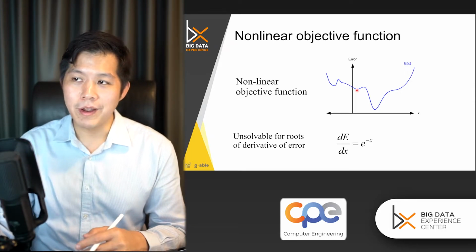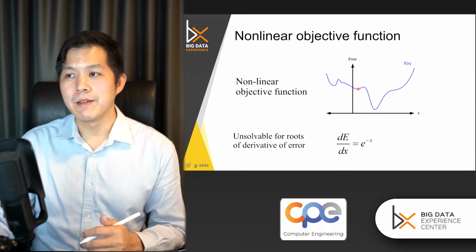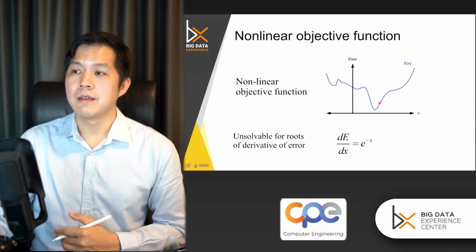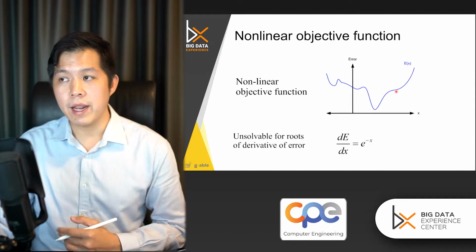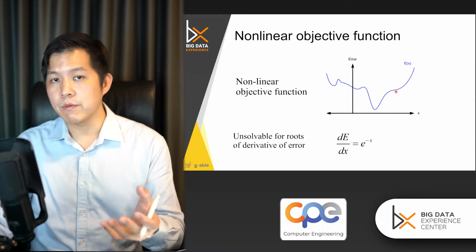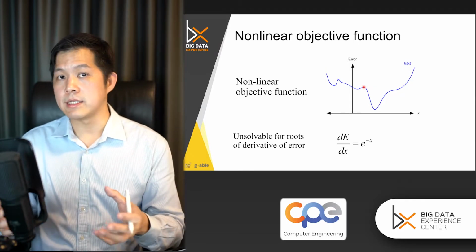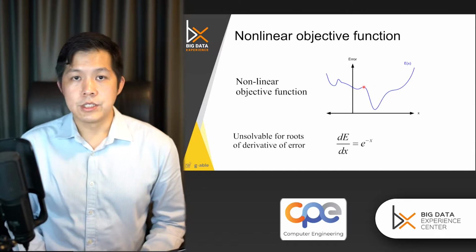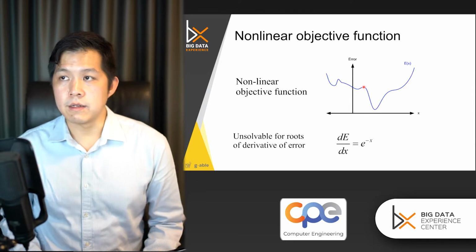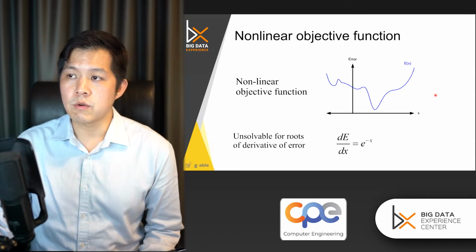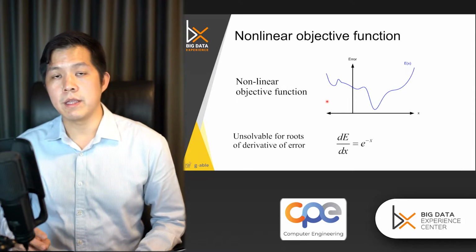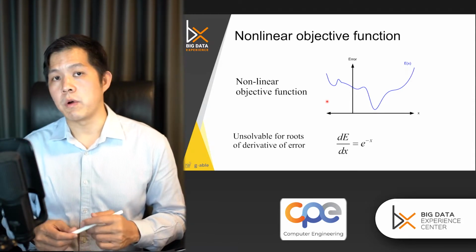You may have this point, again a minimum, but not actually the lowest point. Or this one, which is the lowest, or you can have a saddle, which also has 0 gradient. Right? Or this one, at this point, 0 gradient, but it is actually a maximum. So the error surface is quite complicated, and it cannot be solved in just one go.